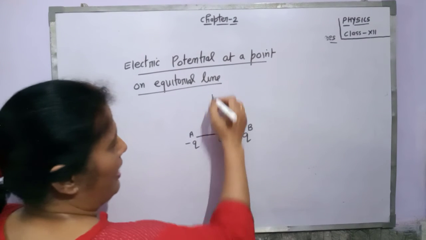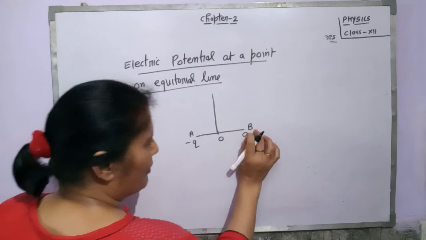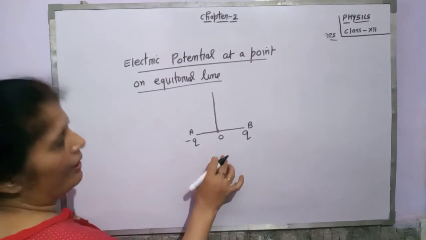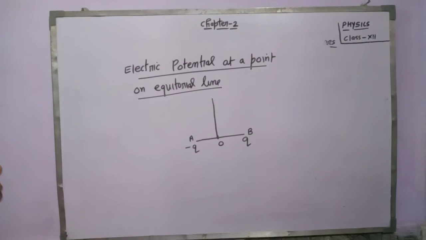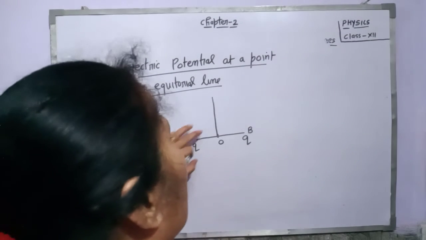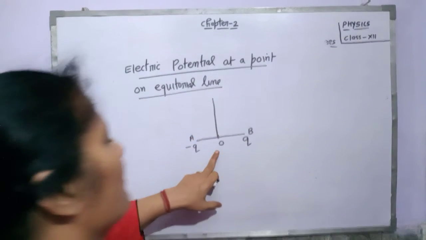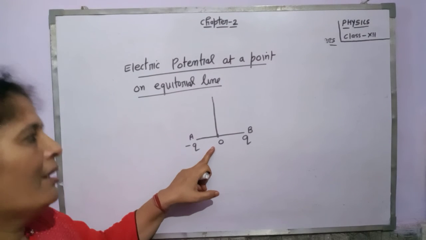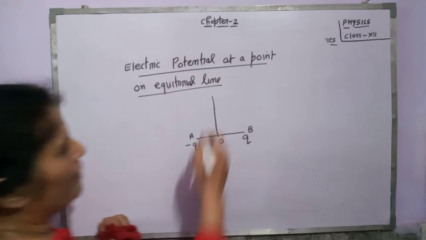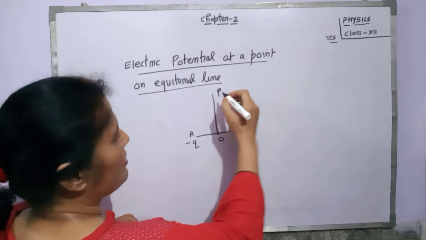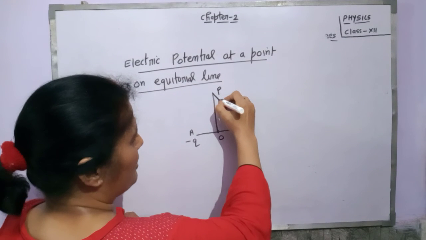It means a line which is perpendicular to AB and passing through the midpoint. This line is known as the equatorial line. Equatorial line means a line which passes through the midpoint of an electric dipole and is perpendicular to its axis. Now this is your point P at which the electric potential is to be determined.